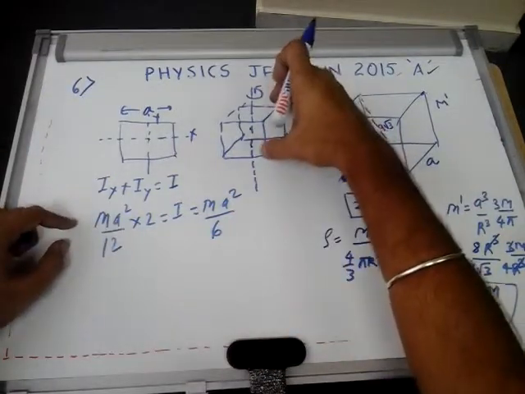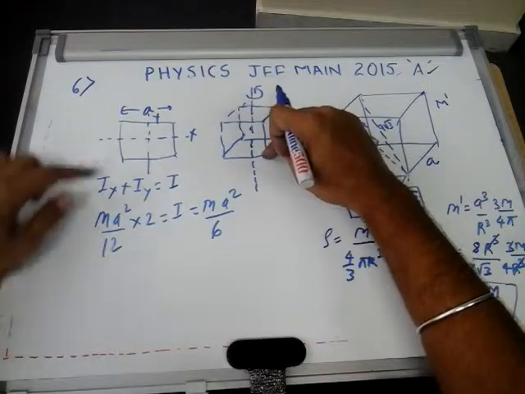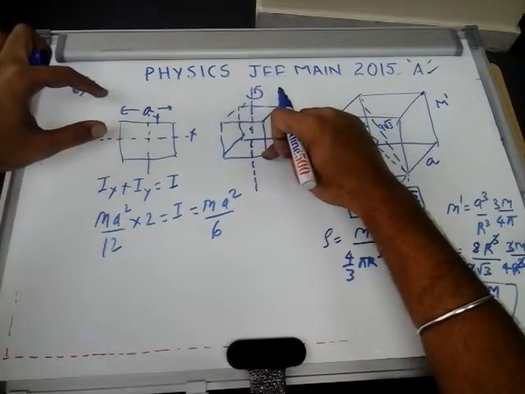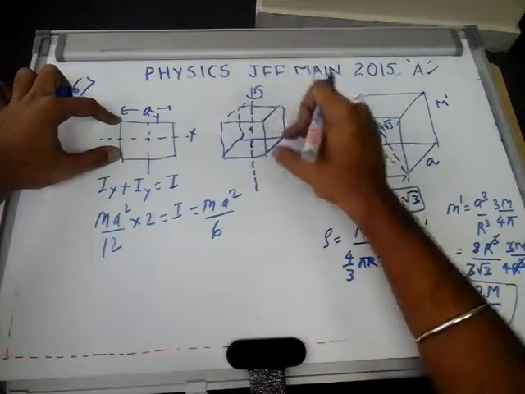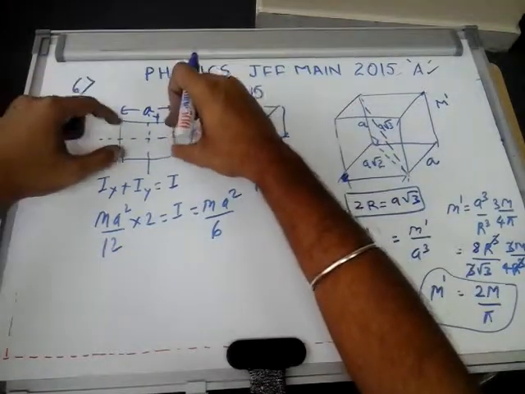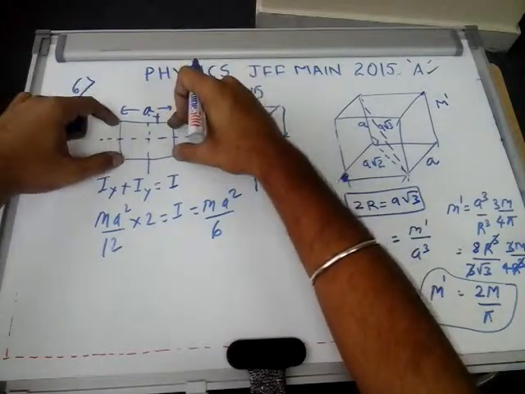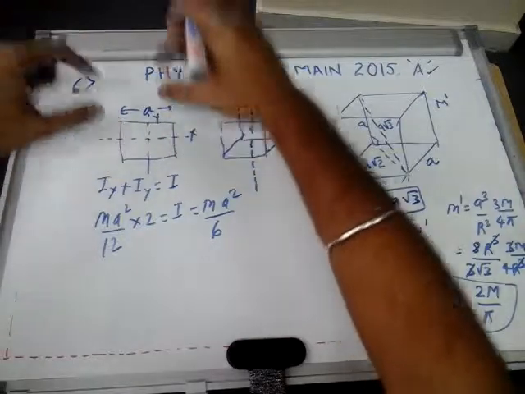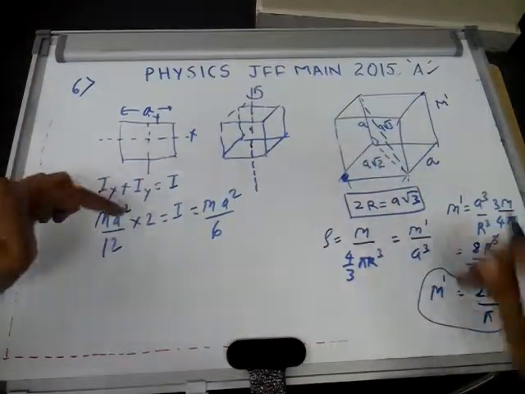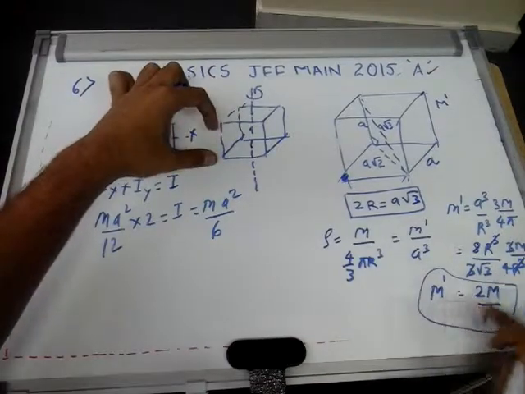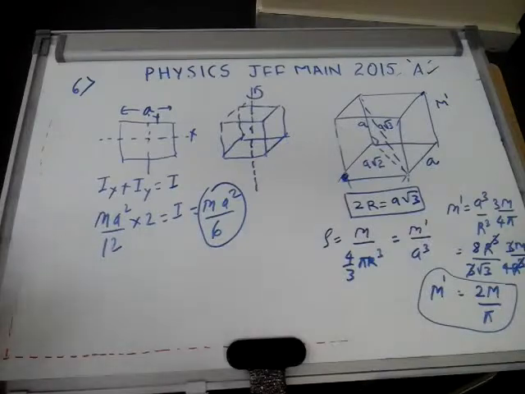This cube can be considered as a large number of metallic square plates kept one over another to form the cube. If you place a similar plate over it and keep on putting, ultimately we get a cube. So the mass of this cube is m dash, the side is a, and we have the formula ma square by 6.